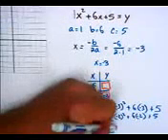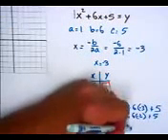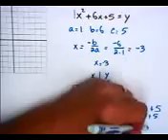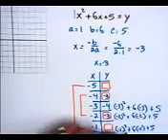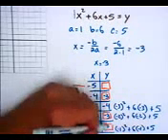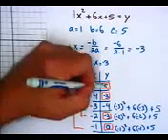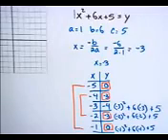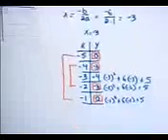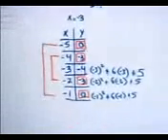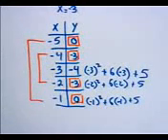And negative 1. Negative 1 squared plus 6 times negative 1 plus 5. 1 plus negative 6 is negative 5. Plus 5 is 0. And that's going to be 0. So zoom in on this for a second so you can see what I did.